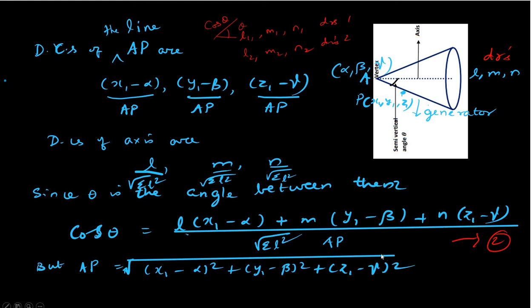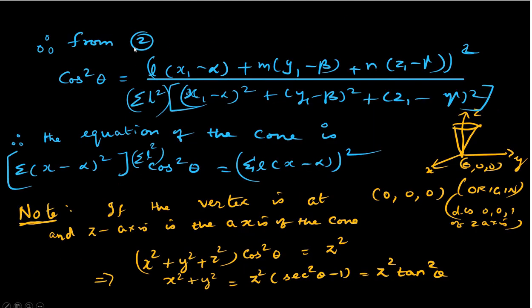Here we are going to substitute the direction cosines of the line AP. So from 2, cos square theta is given by, we are just replacing AP, and then cross multiplying, summation, dropping the suffix we get the locus.